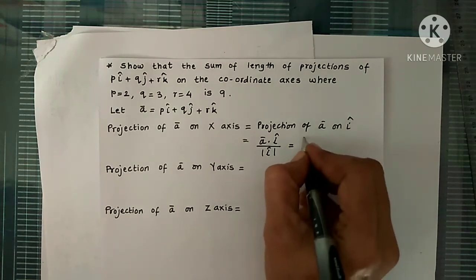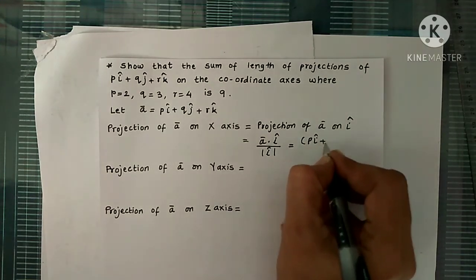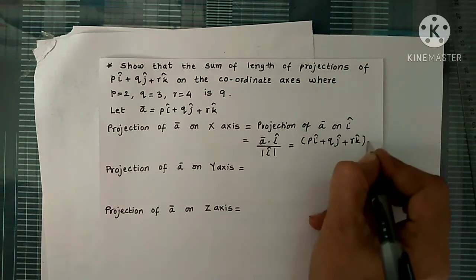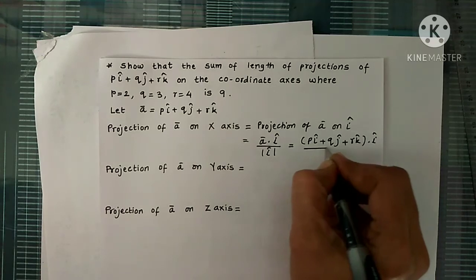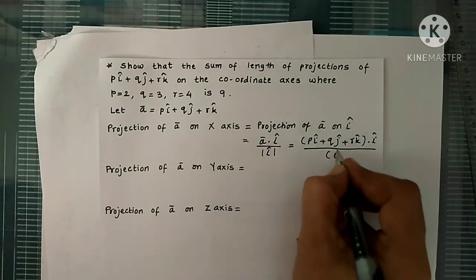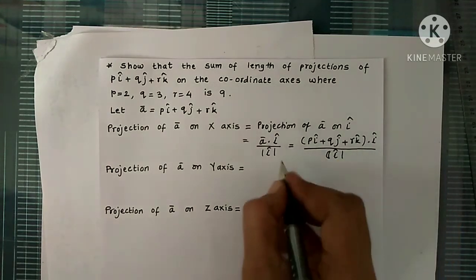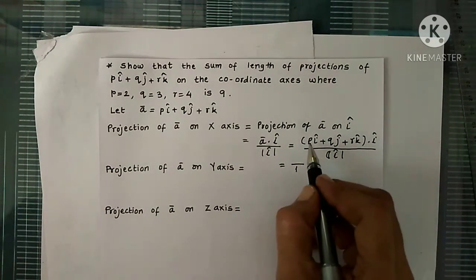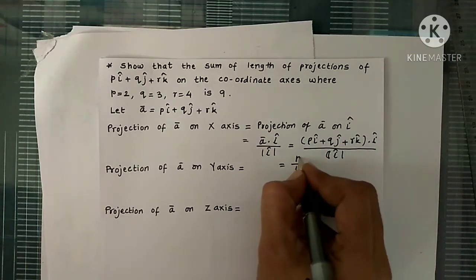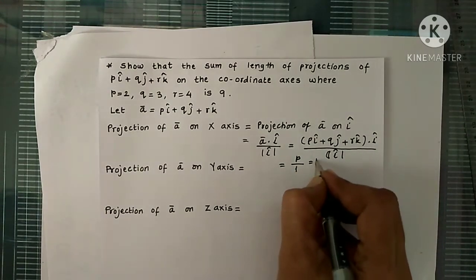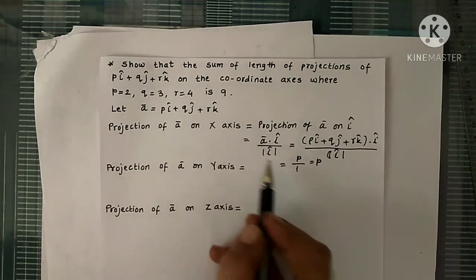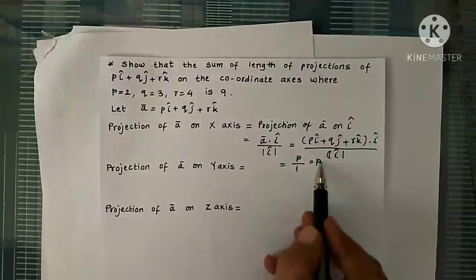Now A bar dot i cap is P i plus Q j plus R k dot i cap upon modulus of i cap. But as it is unit vector, modulus of i cap is 1. And this dot product is P into 1. So that is P. So projection of A bar on x axis is P. See, projection of A bar on x axis is coefficient of i cap.